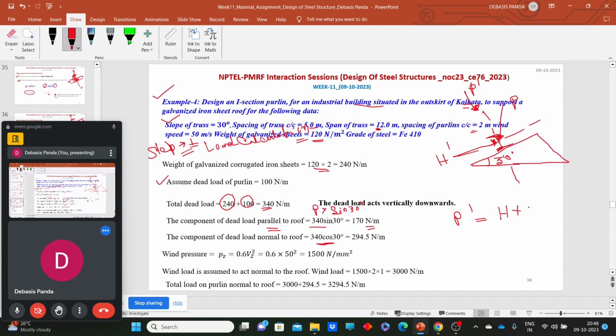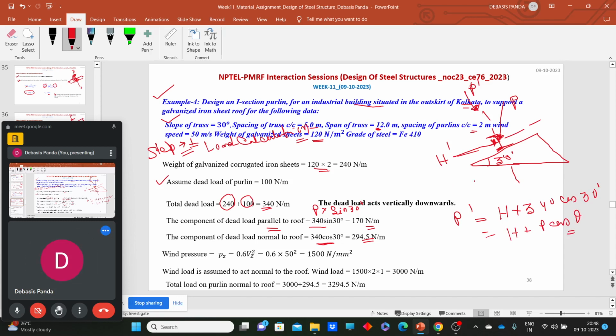That means this value, 340 cos 30 degree. That means P dash equals H plus P cos theta, whatever we have learned.